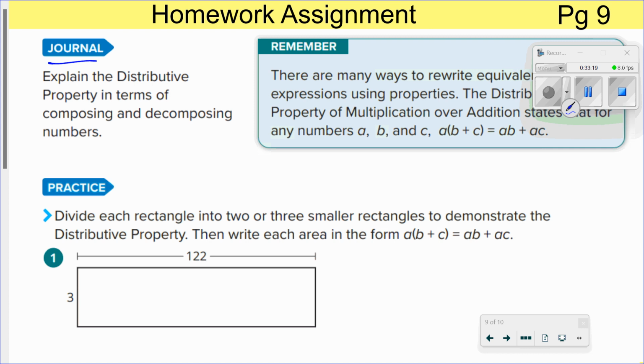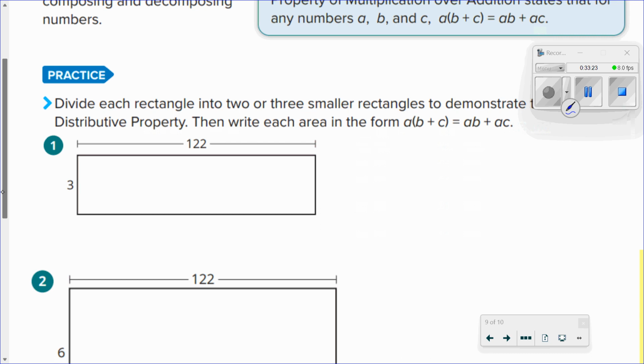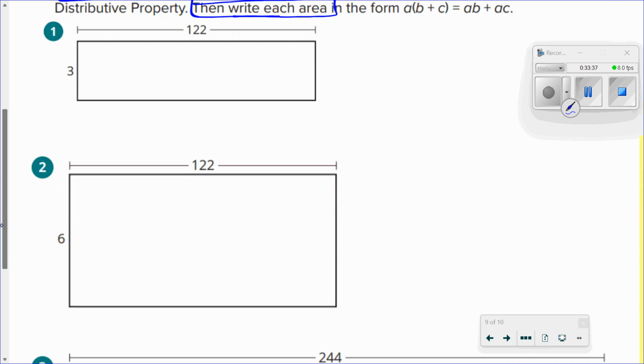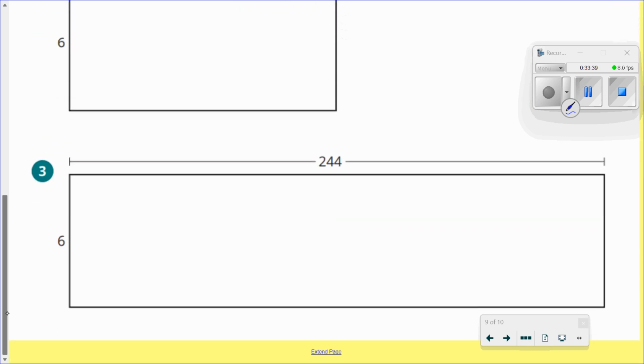I'll give you a hint. Find an easy way to do the math. Then you're going to practice. Divide each into 2 or 3 smaller rectangles. Then write each one. So you got 2 parts. You need to divide it into smaller rectangles and then write each area in the form of distributed property. You're doing that for 1, 2, and 3.